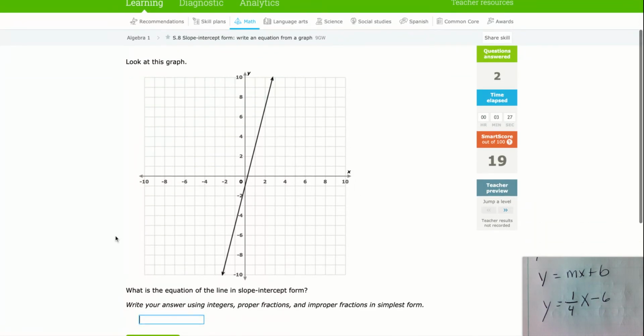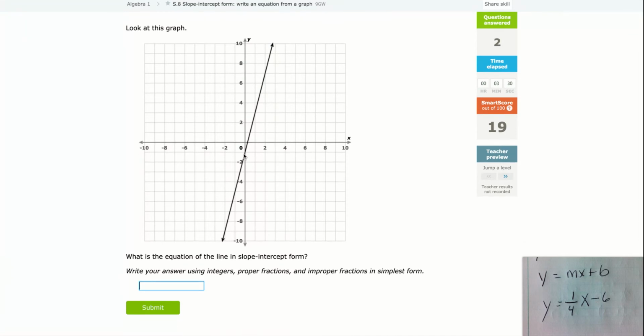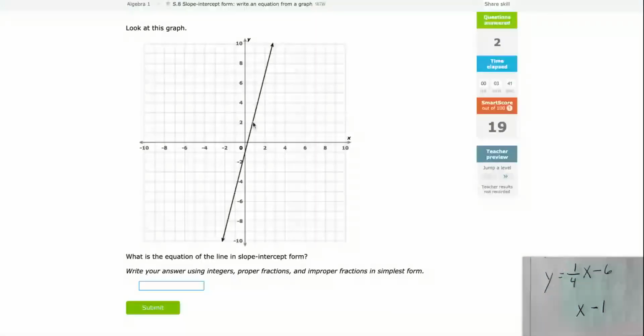Again, here it looks like we have a y-intercept of -1. Then I'm going up 1, 2, because I'm following this line until I find right here, this is a little to the left, this is a little to the right. So from my y-intercept, I went up 4 and over 1.